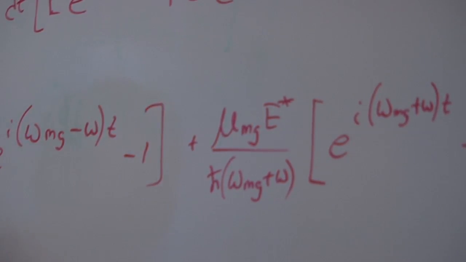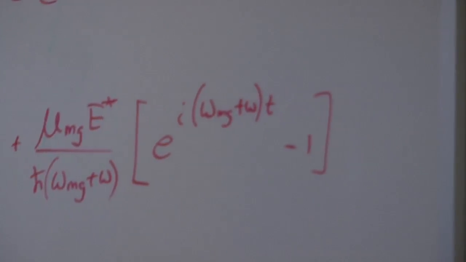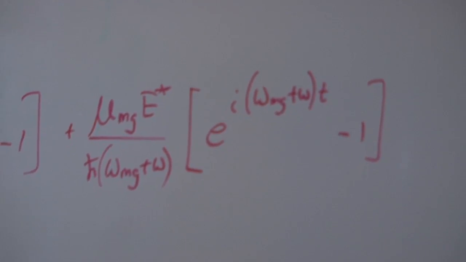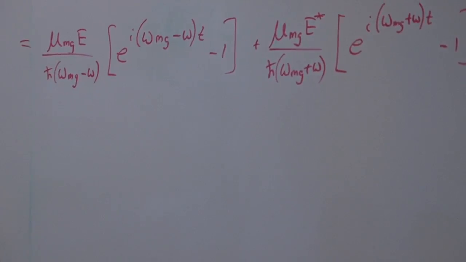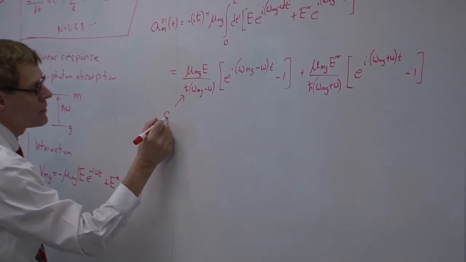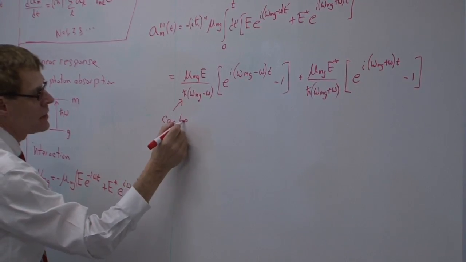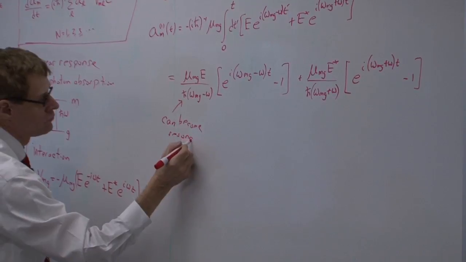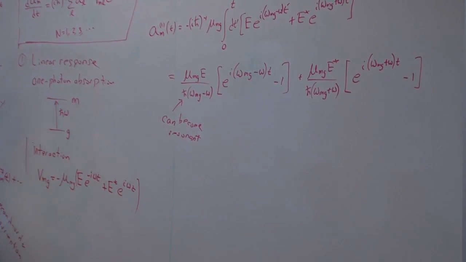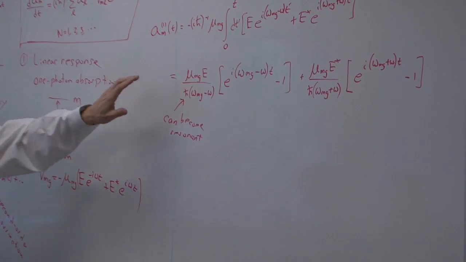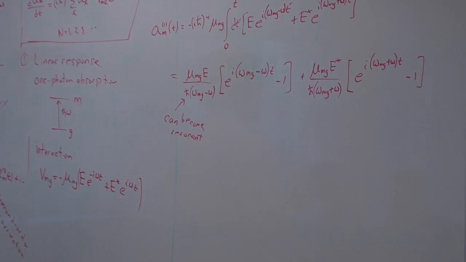Now, let's look at these two terms. I guess I've changed letters of the alphabet. This is M. So this term here can become resonant. All you have to do is tune omega to this transition frequency. In fact, it can become embarrassingly resonant.